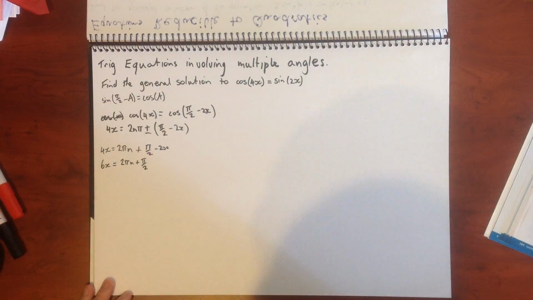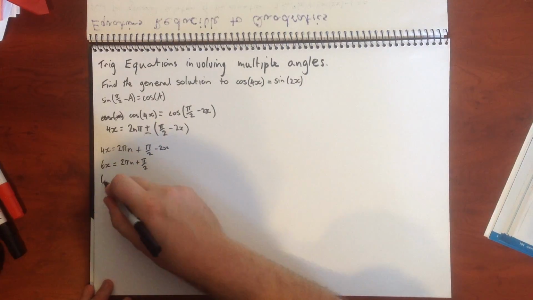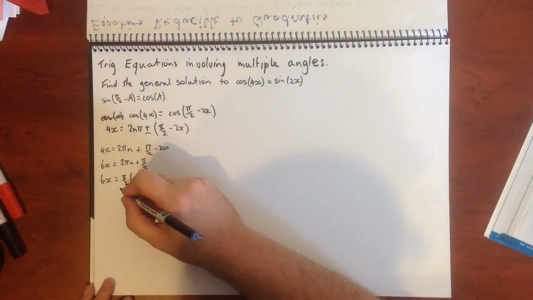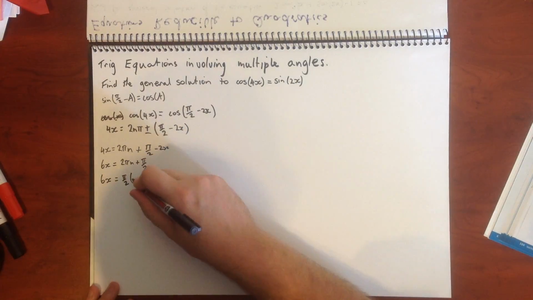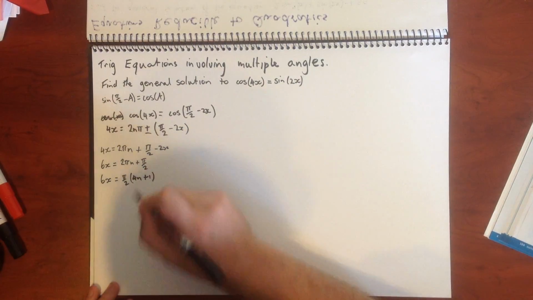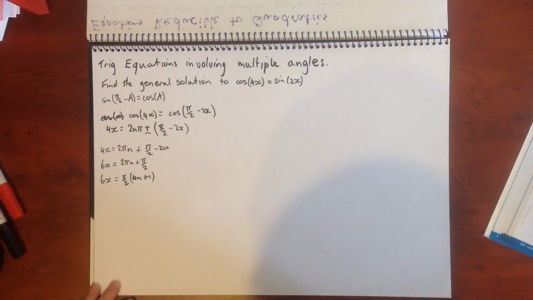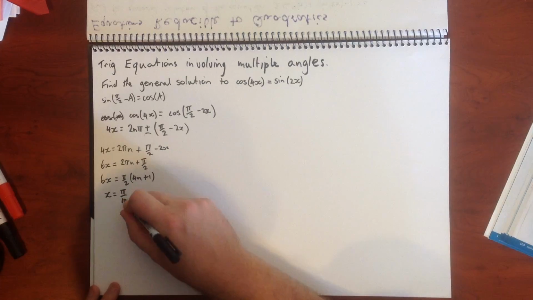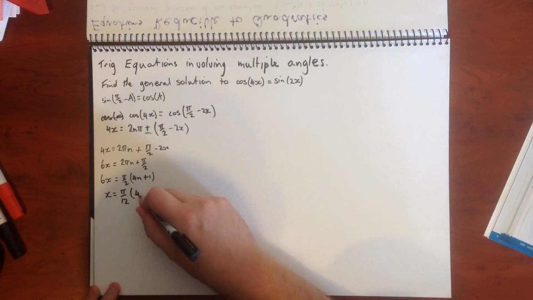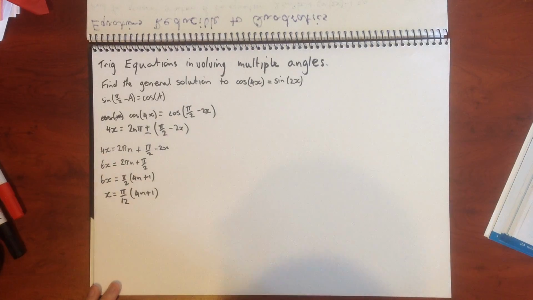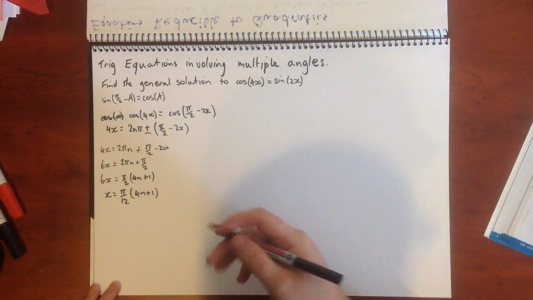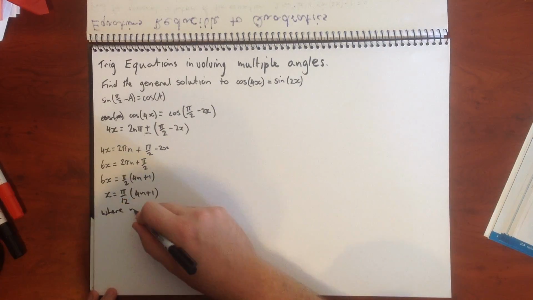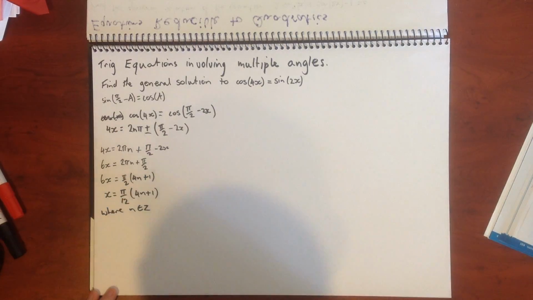Okay, and we take our pi on 2 out as a common factor and say, well, we've got 6x equals pi on 2 outside of 4n plus 1. Okay, and we can divide by our 6 to get x equals pi on 12 outside of 4n plus 1. Okay, and we just need to say, as always, where n is an element of z.